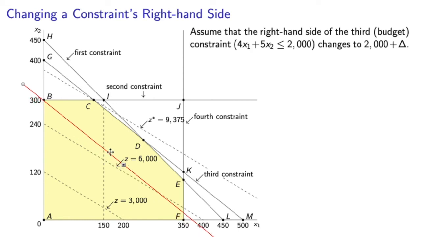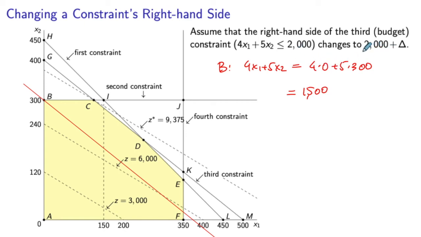So to determine the lowest possible value of delta, we need to plug the coordinates of point B into our left hand side here and see which right hand side of our constraint it corresponds to. The coordinates of point B are 0 and 300. So for point B we have 4x1 plus 5x2, which is 4 times 0 plus 5 times 300, which is 1500.